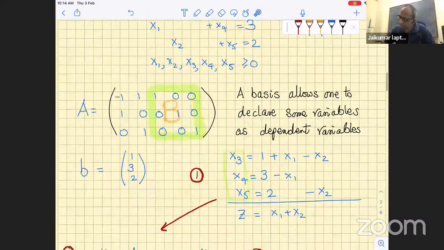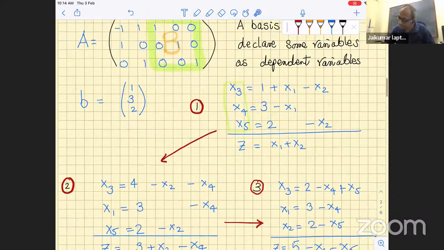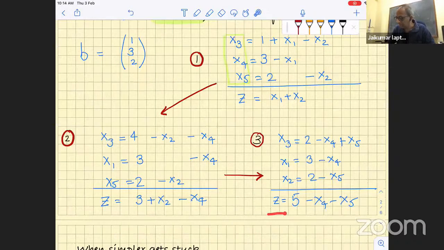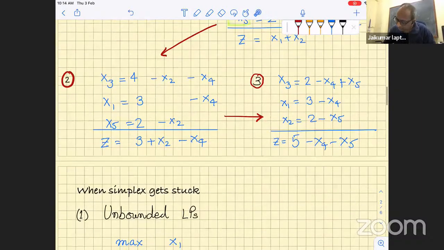And when I needed to stop, I came to this situation where I could not make any more progress. But when I can't make progress, nobody can make progress. And since I had that argument, I can claim that I have solved the LP. All right. Any questions?